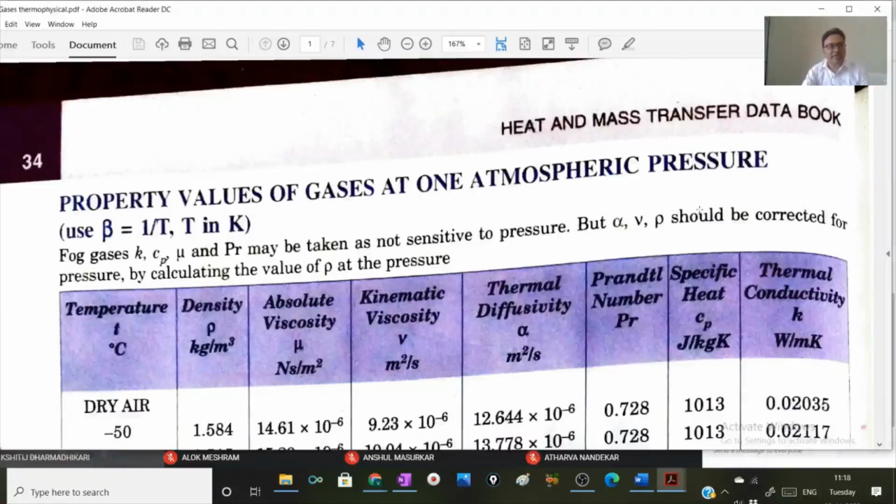This is the properties values of gases at 1 atmospheric pressure. Once again, one more point please keep in mind. When the truck is traveling in a desert area, obviously the pressure will be 1 atmospheric pressure. That is why I can take all these thermophysical properties from this table at page number 34.